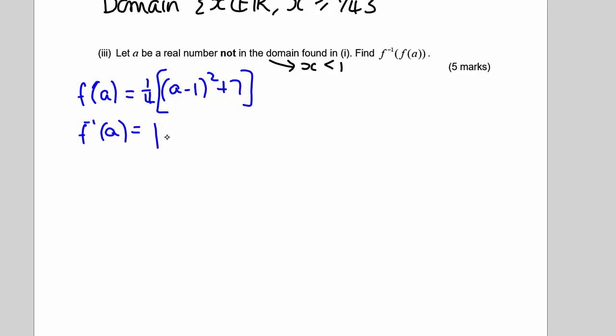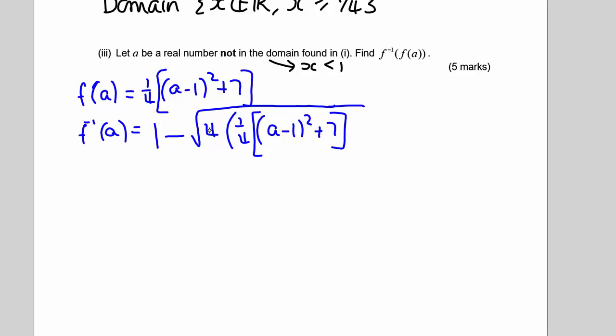So we've got 1 take away the square root of 4 times 1/4 a take 1 all squared plus 7. Now this 4 and this 1/4 very nicely deal with each other. So then we've got the square root of a take 1 all squared plus 7.